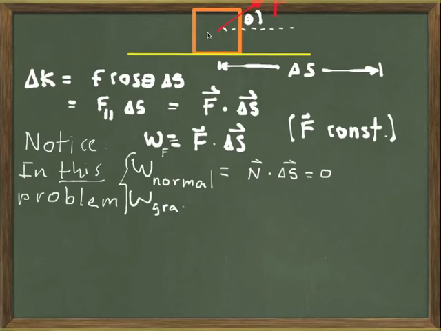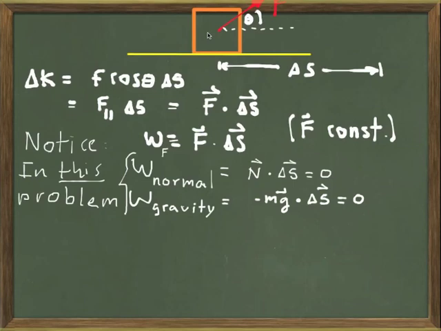The other force is gravity. The work done by gravity in this motion will be the vector gravity, which I'm going to write as minus mg vector, dot product with delta s. That's another 0 because g points vertically down, delta s is horizontal. 90-degree angle between them, or I guess minus 90.